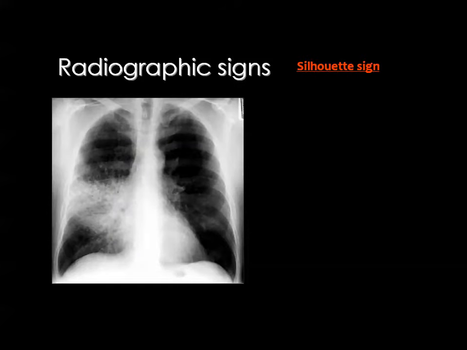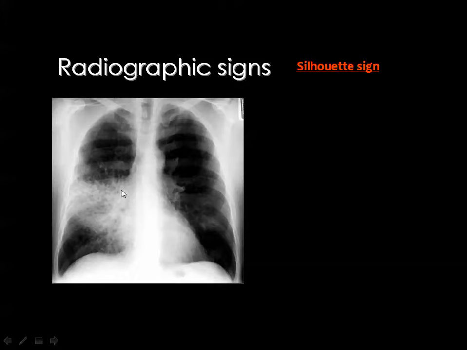Then we have some terminologies you should know. Number one is what is known as the silhouette sign. The silhouette sign means that there is an opacity in the lung that has masked the cardiac border. If you look at this opacity in the right lung and you want to follow the right cardiac border and you cannot do this through the opacity, what does this mean?